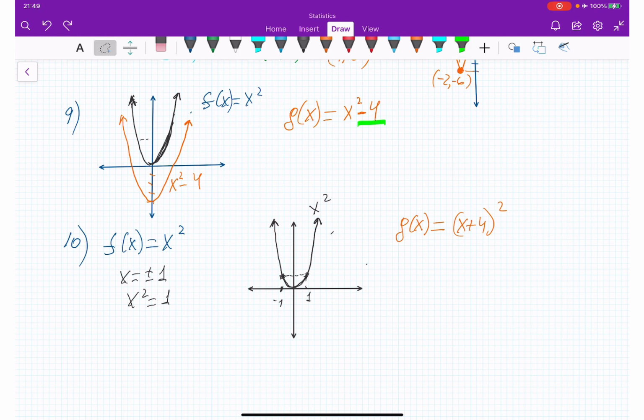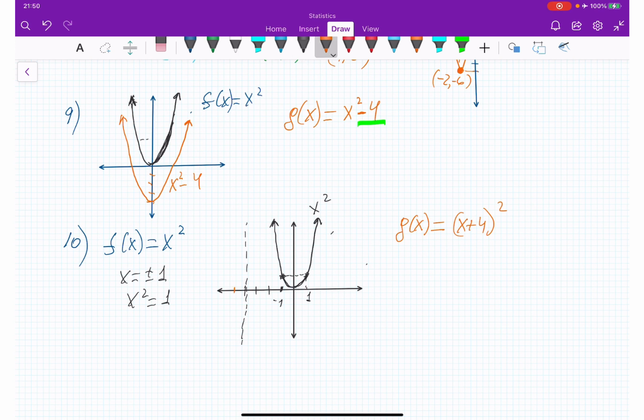So where is my negative 4? 1, 2, 3, 4. So I'm taking the graph and moving it parallel to negative 4. I move the y-axis like that, so it goes through this negative 4, and build the graph based on that.